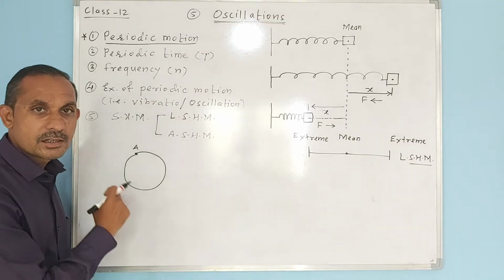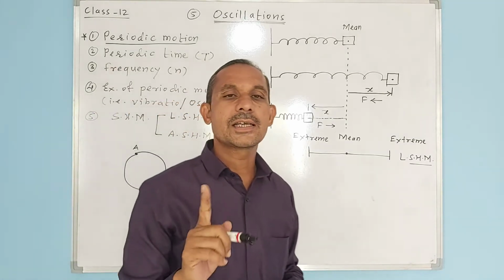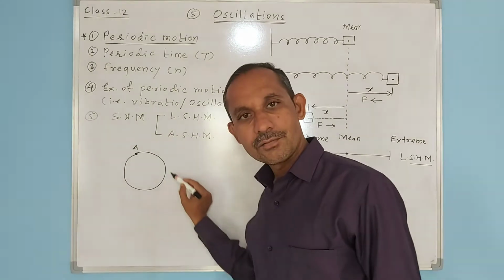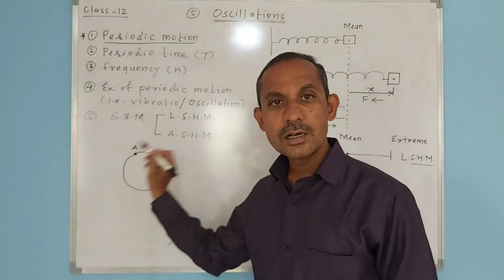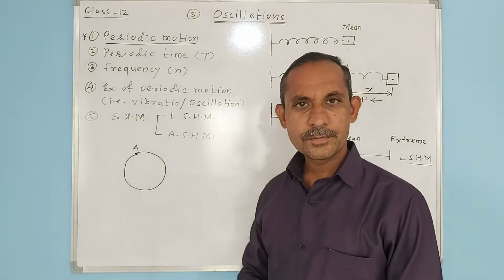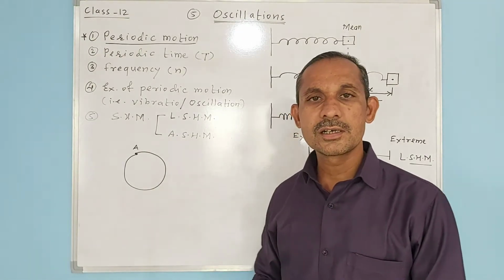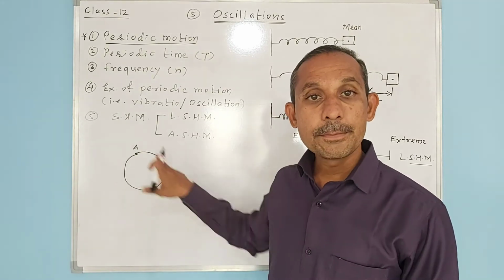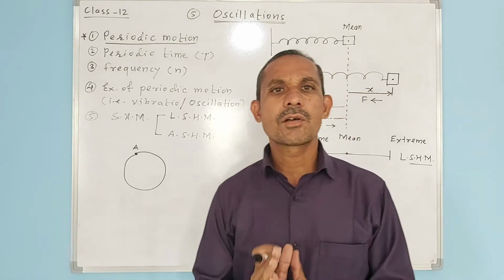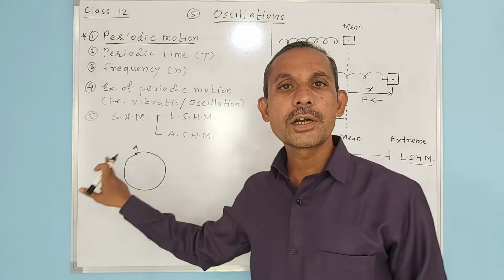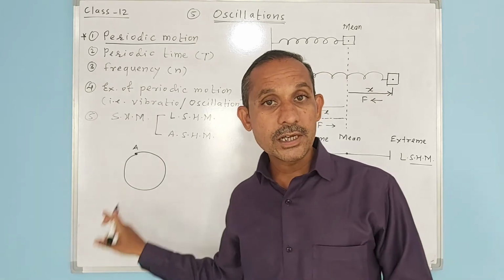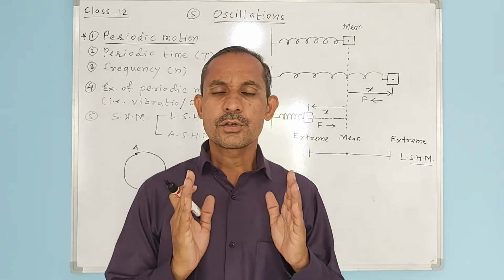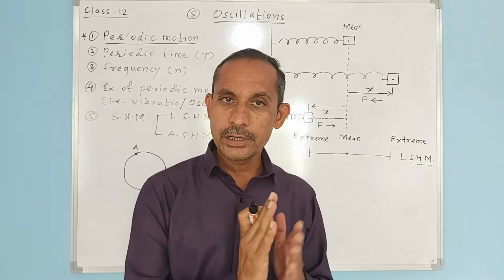This is one set of circular motion, and this motion repeats along the same path after a definite interval of time. So this is one of the periodic motions. An example is the uniform circular motion.